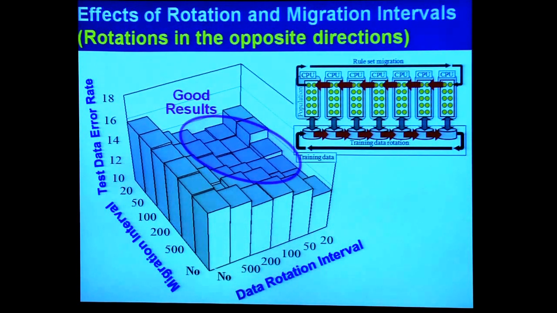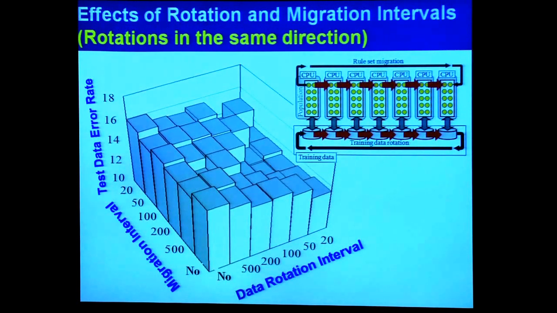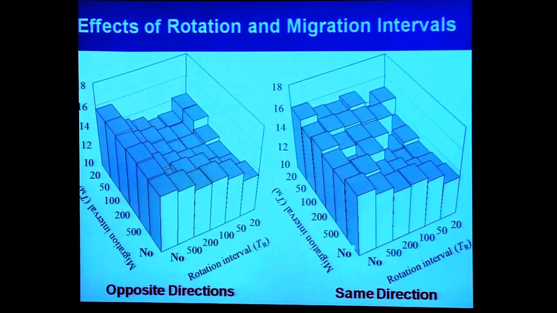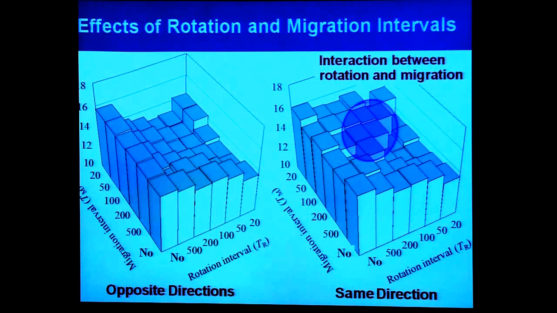Here we obtain good results if we use the rotation and migration in the same direction, in comparison with opposite directions and the same direction. Here we can observe interaction between rotation and migration. That is a negative effect of the interaction between rotation and migration.